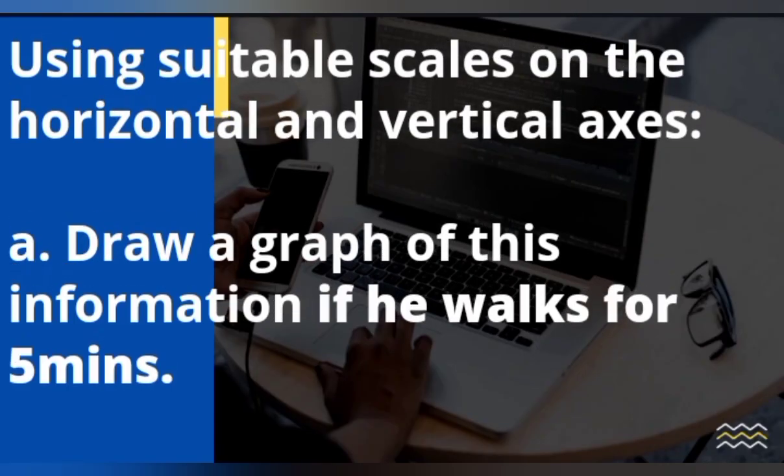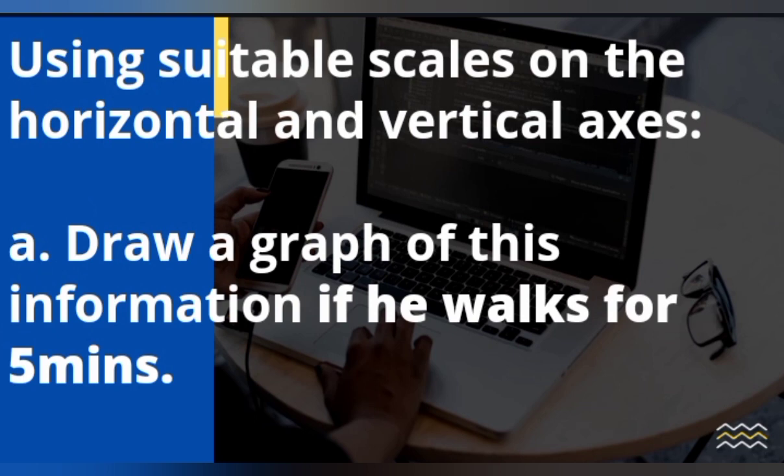Now our question is that we are expected to use suitable scales on the horizontal and vertical axis to draw a graph of this information if he walks for 5 minutes. Now, when we say that he walks at a speed of 120 meters per minute, it means that for every 1 minute, Chukwudi would cover a distance of 120 meters. And of course, you would expect that for 2 minutes, he would have probably covered a distance of 240 meters and the likes.